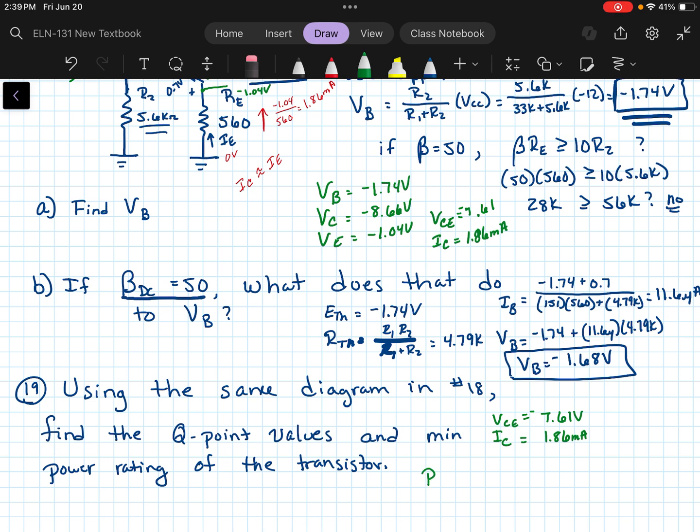And then the power rating. The power rating is going to be the VCE times IC. So 7.61 volts, 1.86 milliamps. Means about 14.17 milliwatts.